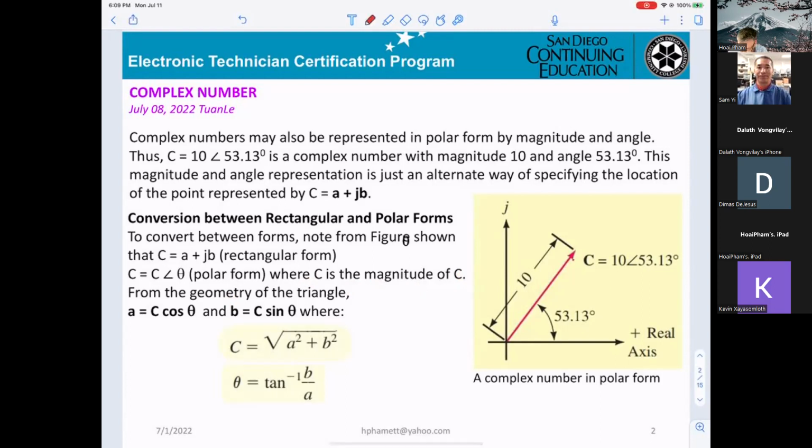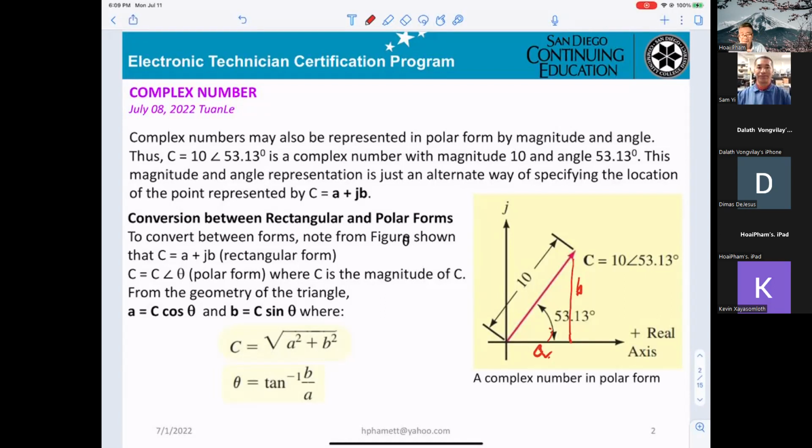If you connect that one here, that will be B and that will be C. Normally using the Pythagoras theorem, you get C equals square root of A squared plus B squared. And you can also calculate the angle: theta equals arctan of B divided by A. That's trigonometry, but the only thing you have to memorize is how to calculate the angle.